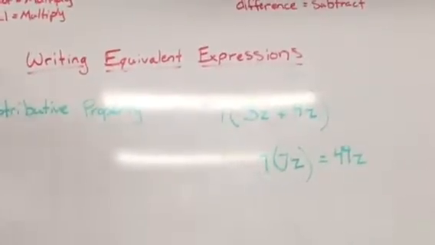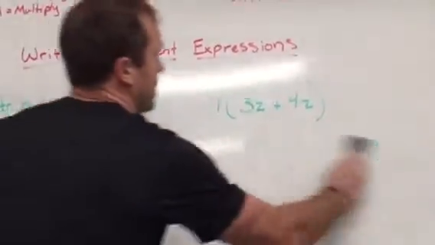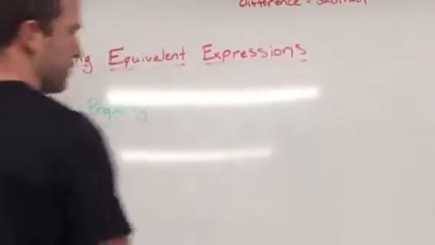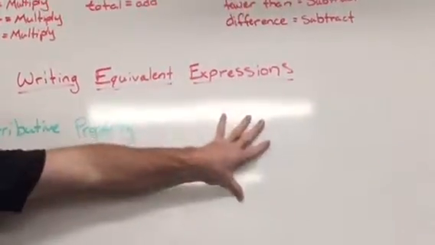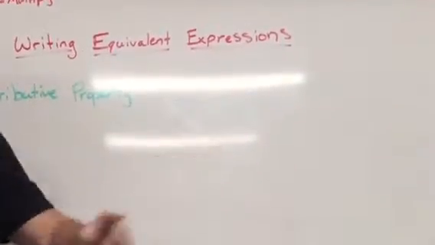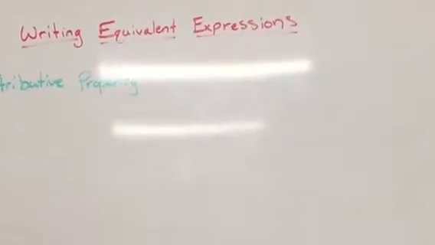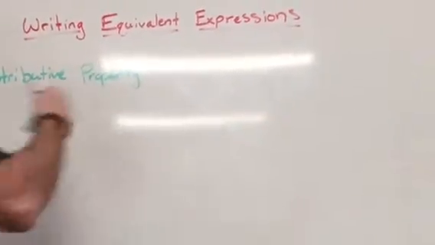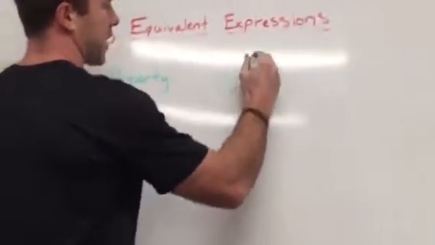Okay, I'm going to do one more and then we'll be done. All right, someone give me a distributive property problem, but only one of the numbers in the distributive property can have a variable. Paige. 8 on the outside. That's my factor. Okay.